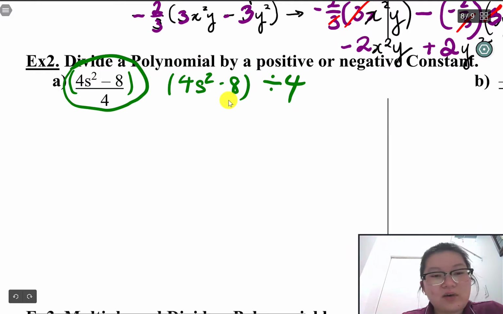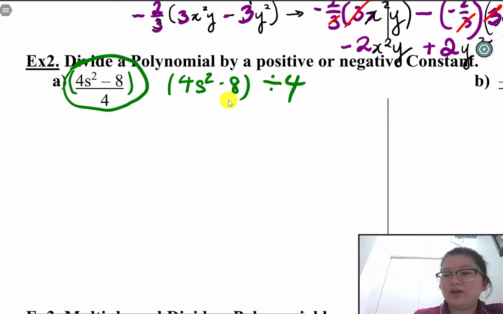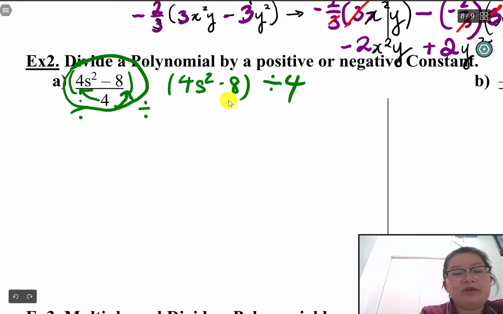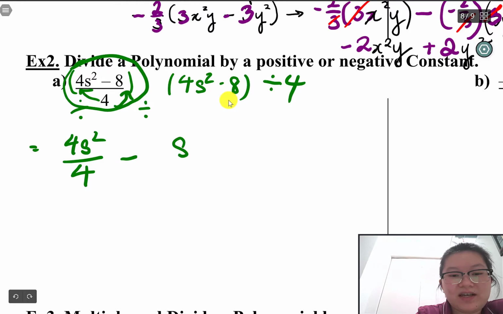So let's go ahead, and what I'm going to do is use the distributive property, in which the 4 needs to divide into here and needs to divide into the 8. So if we rewrite that out, it's going to look like this: 4s squared divided by 4 minus 8 over 4.